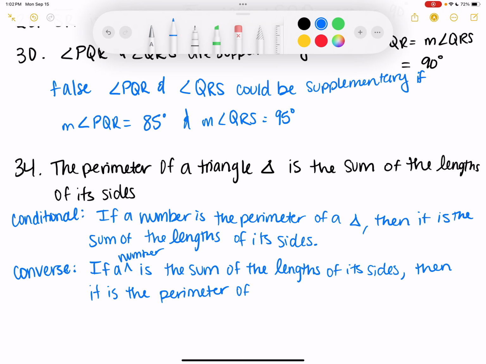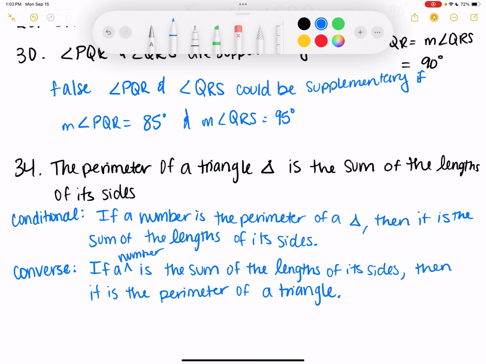Now, as that statement sits, is that accurate? Not necessarily. So I probably should make the if part of my statement a little bit more specific.